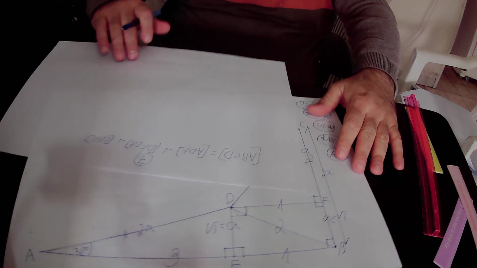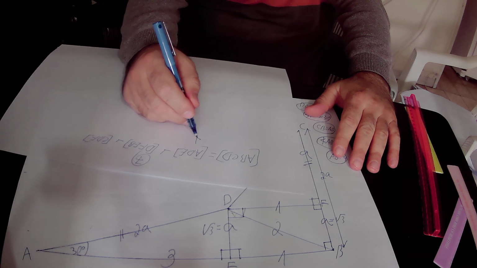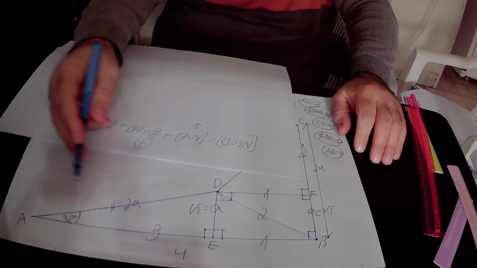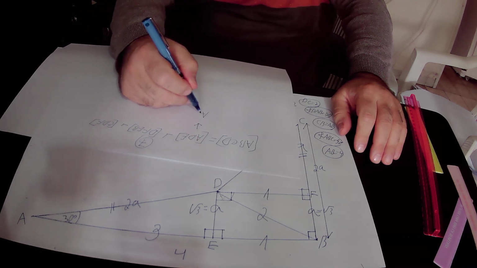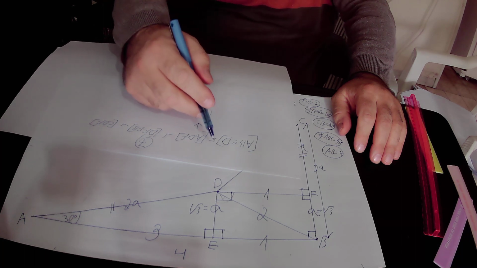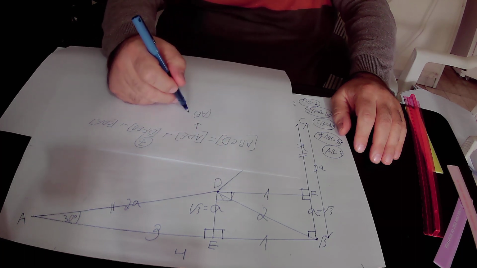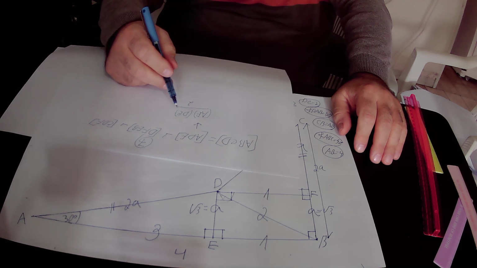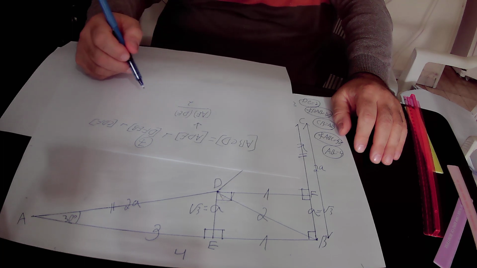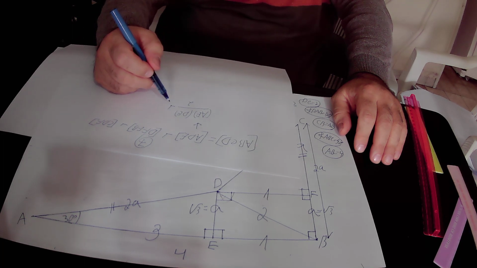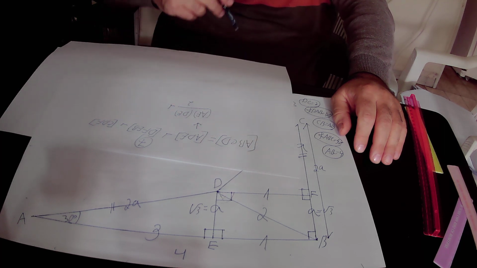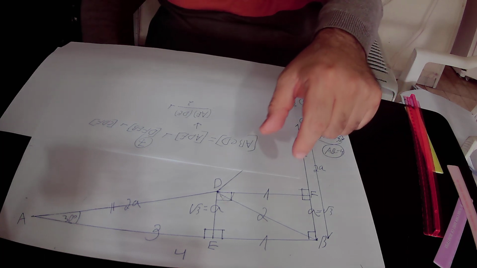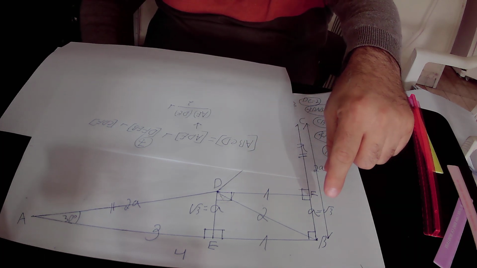What is the area of triangle ADE? The area of triangle ADE equals to the base of the triangle, that is AE, times the height to the base, that is DE, over 2. So the area of triangle ADE is AE times DE over 2. And the area of rectangle DFEB, this rectangle, is equal to the width of the rectangle times the length of the rectangle.